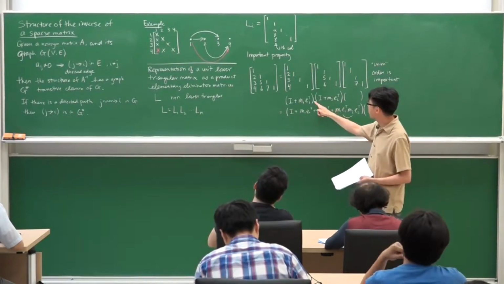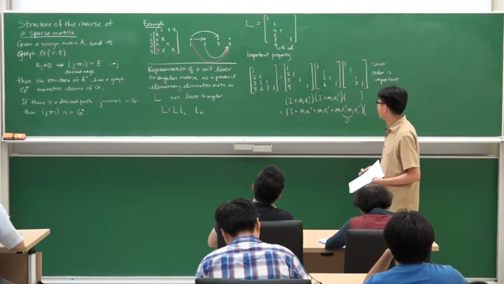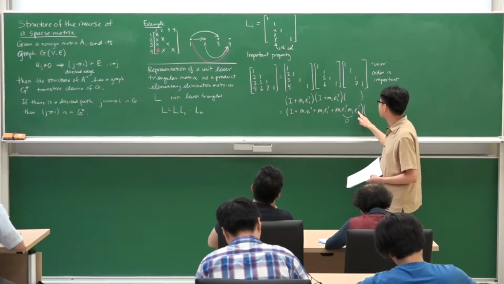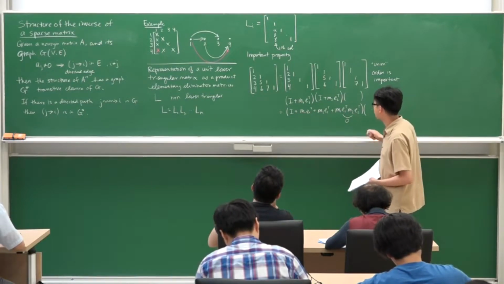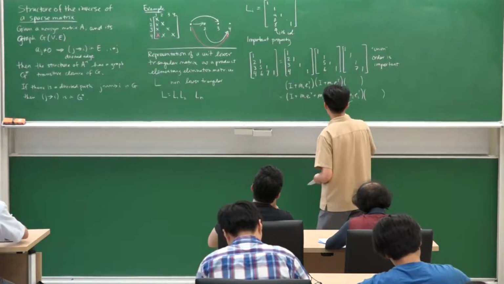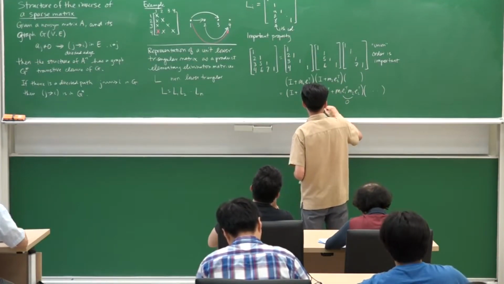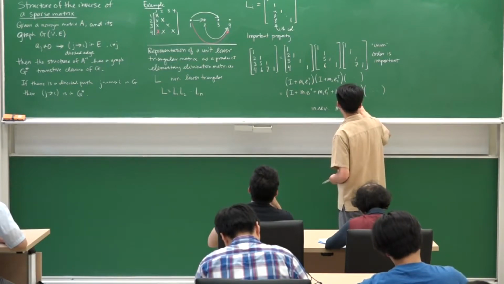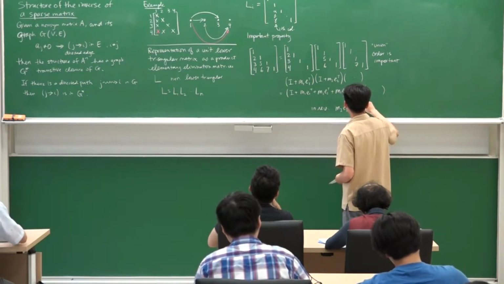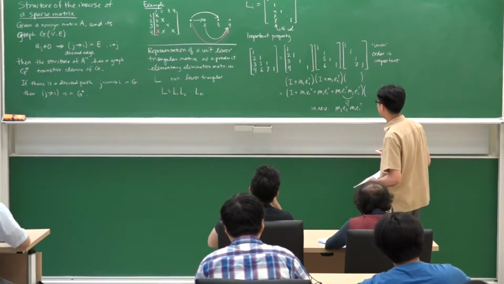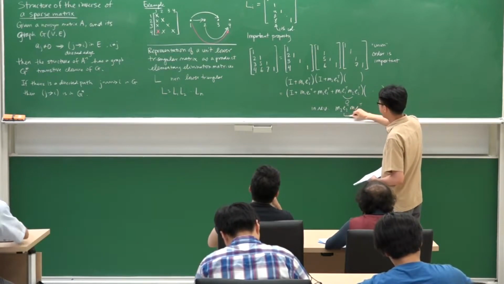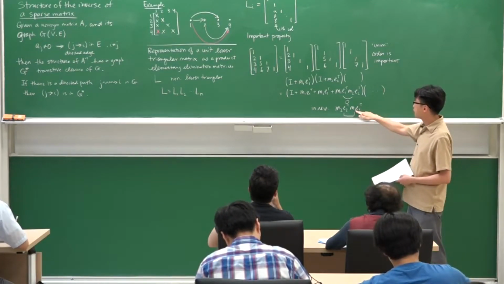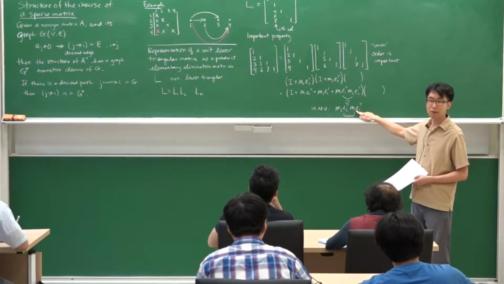Now, if you try to multiply this in reverse order, then you'll see that you're going to get a term that is M2 E2 transpose times M1 E1 transpose. So then we have this scalar E2 transpose M1, but the second component of M1 might not be 0.